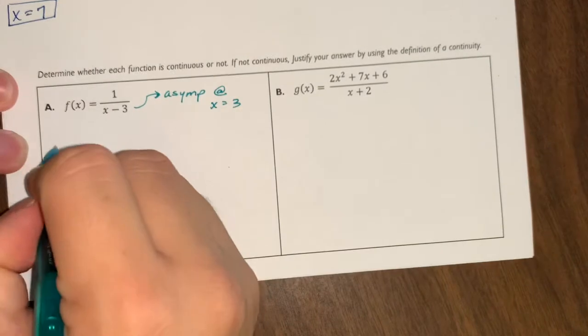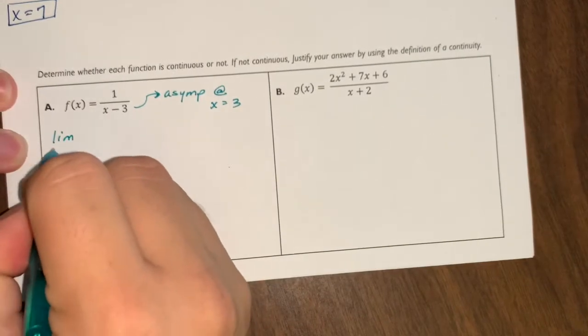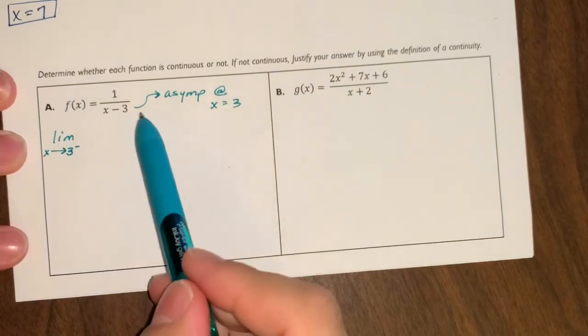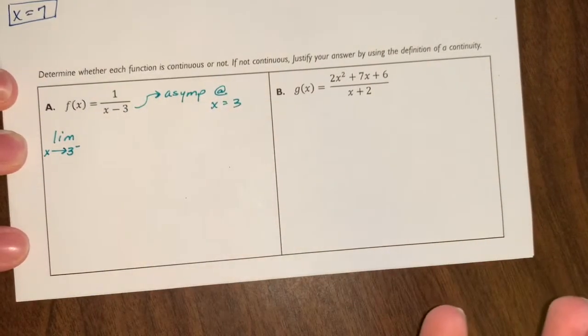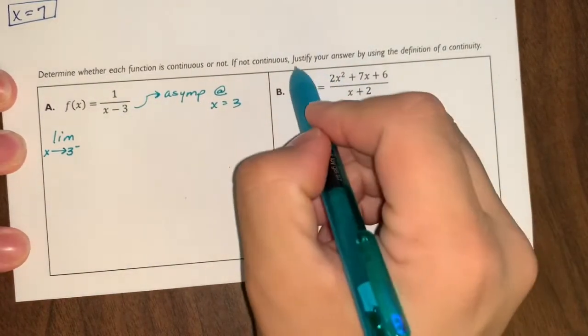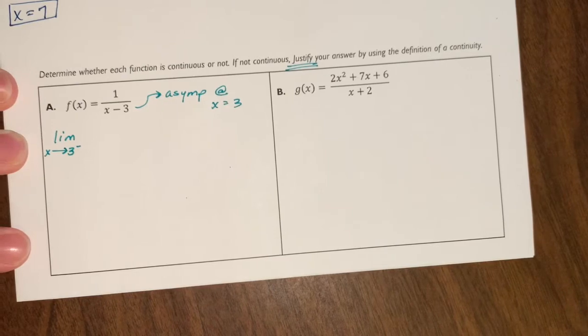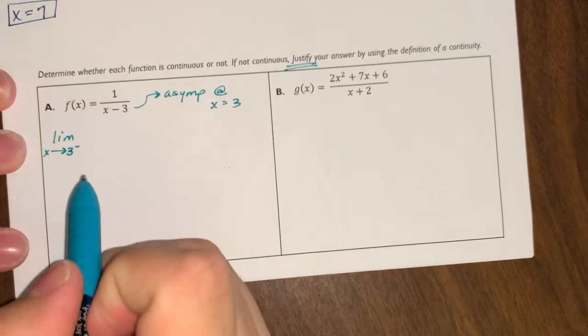So if I took the limit as x approaches 3 from the left, we can say there's an asymptote, so you have some kind of discontinuity. But if they want you to justify your answer, you have got to use those rules for continuity in mind.